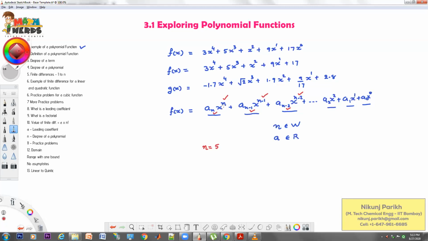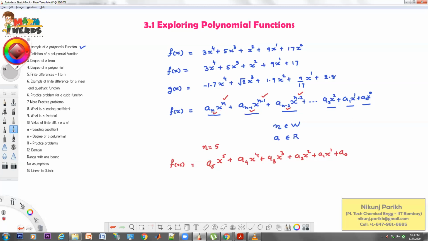So if n is 5, this will turn f(x) into, for example, a_5 x raised to 5 plus a_4 x raised to 4 plus a_3 x raised to 3 plus a_2 x squared plus a_1 x raised to 1 plus a_0 x raised to 0, but x raised to 0 is 1.